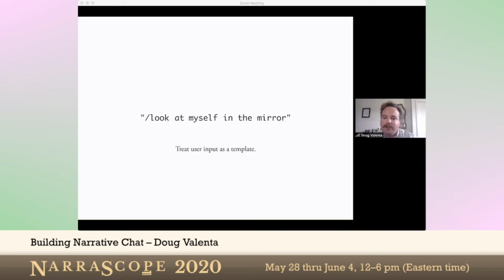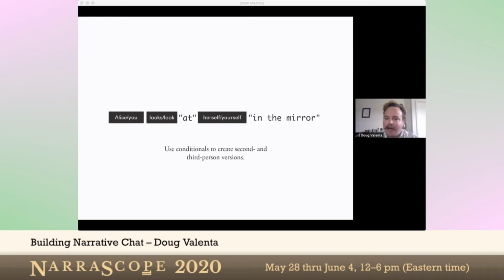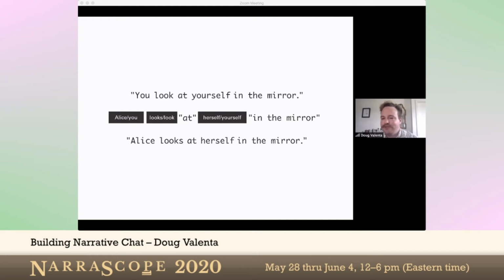So I can block out these sections that are going to need to be templatized and parameterized based on whether I am creating a string to show to the person who originally entered the emote or to everyone else, people who are not the actor. And so we can see how this breaks out. We can do some very simple string processing to fix punctuation and capitalization and produce 2 versions of this string, voila.